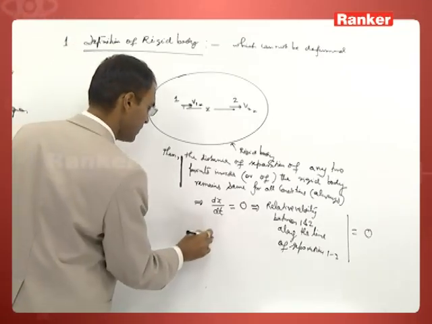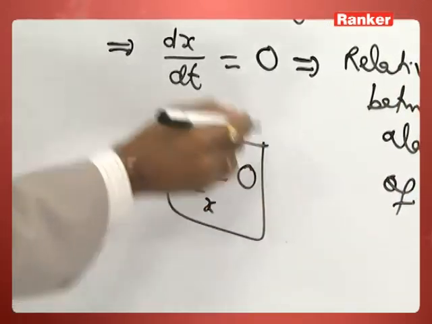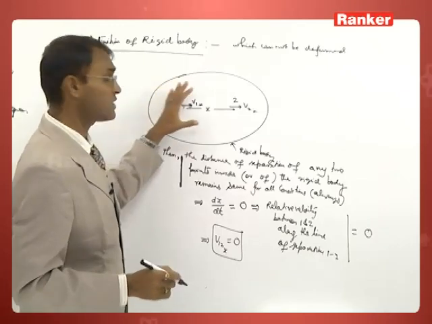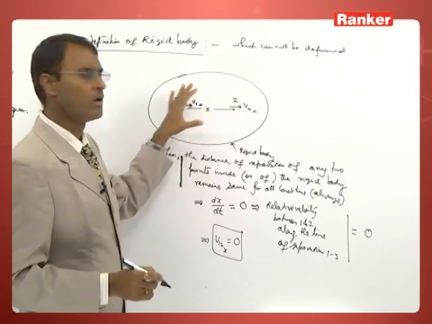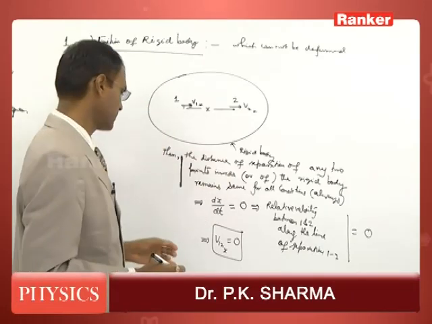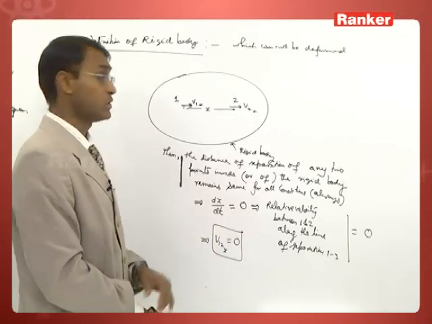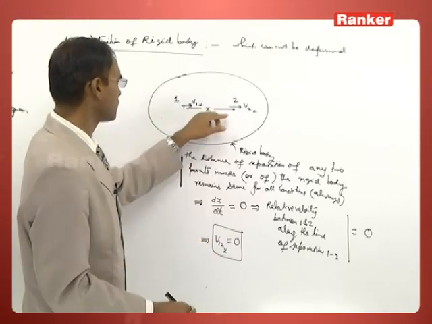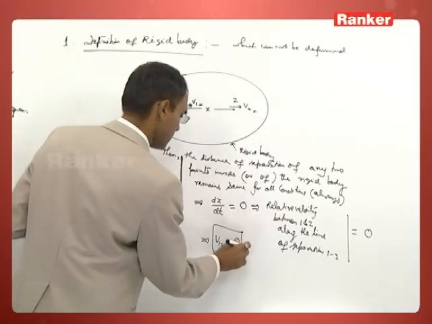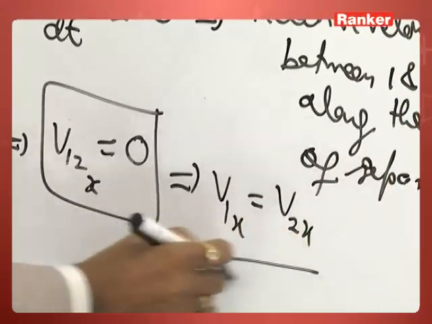Or you can just write v12x, the x component of the relative velocity between these 2 particles or 2 points along the line of separation, is 0. There is no relative velocity between these points along the line of that separation, or you can write v1x will be equal to v2x. This is the condition.